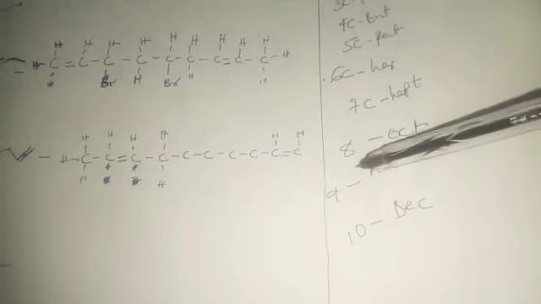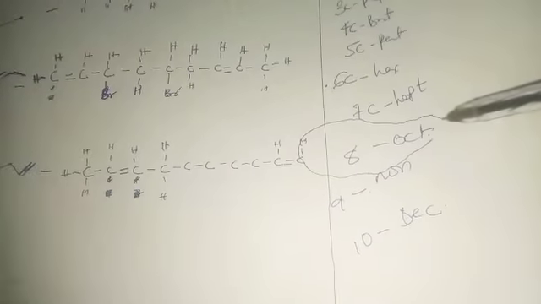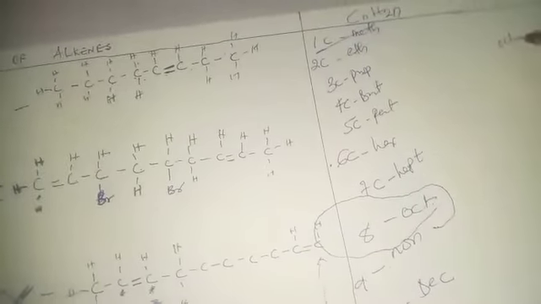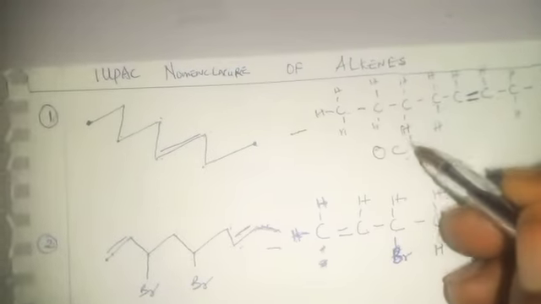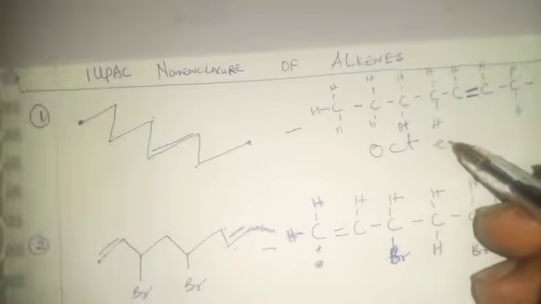Oct. If it were an alkane, you would have said octane. But now we are dealing with an alkene, so the name of this compound is going to be octene.